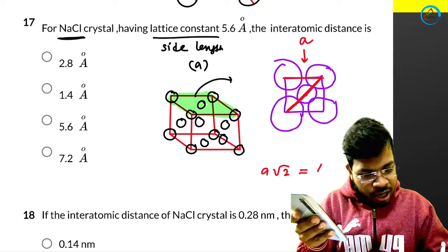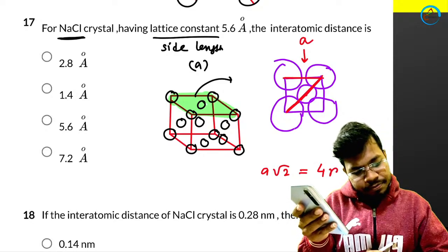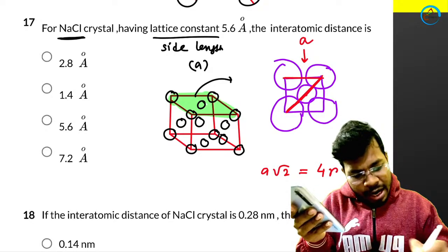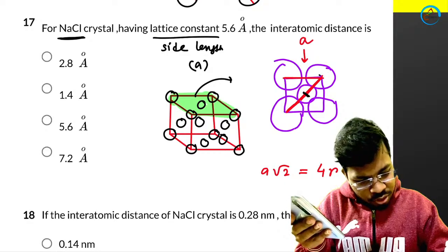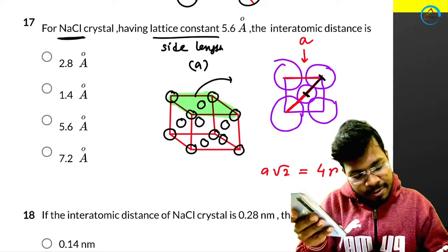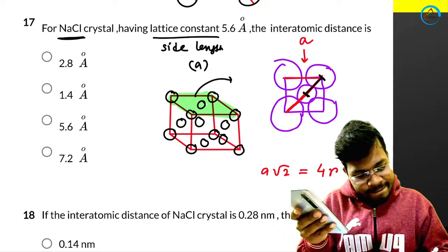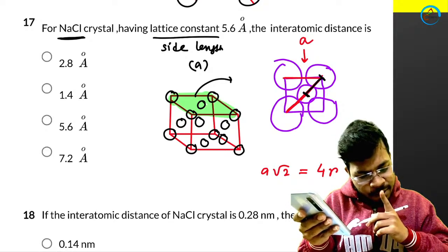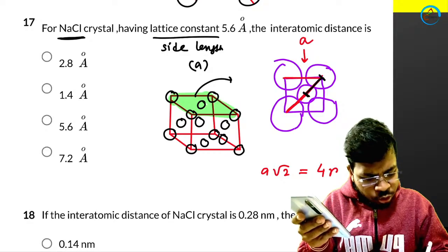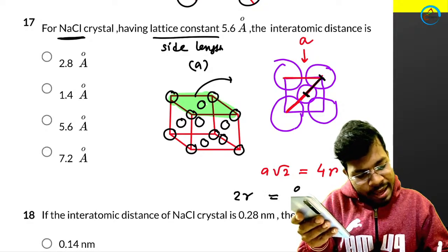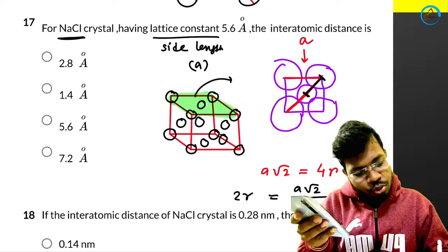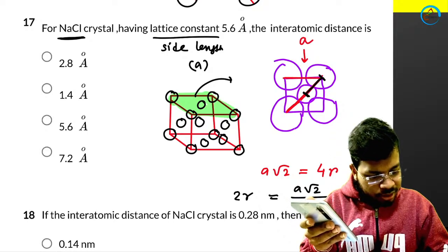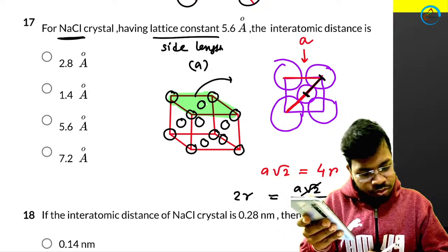So there will be 4R. Interatomic distance means the distance from this atom to this atom, so I need to calculate 2R. 2R will be equal to A root 2 divided by 2, that is, A by root 2.